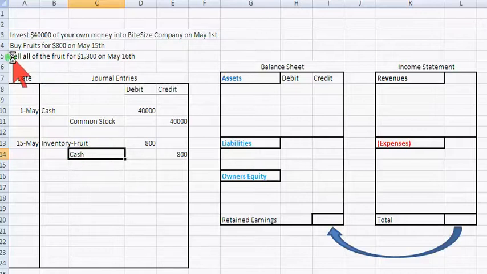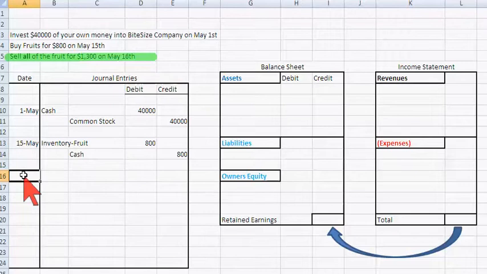Then it says we sell all of the fruit for $1,300 on May 16th, which is the very next day. Now, we sell all of the fruit. We bought $800 worth of fruit, and we sold it for $1,300. So what do we get here?